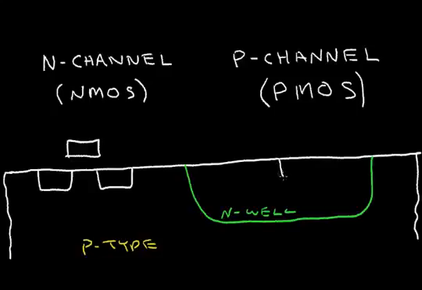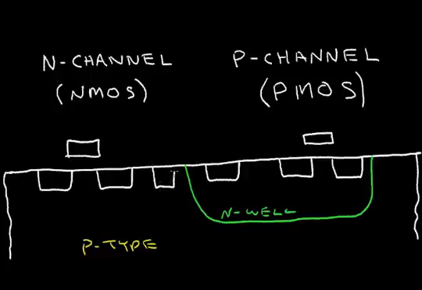It has a diffusion, but this diffusion is a different type of material from the NMOS transistor. There's a gate like the NMOS. And there's also another diffusion that will go here, and this diffusion will connect to the well. There will be a diffusion out here that connects to the substrate.